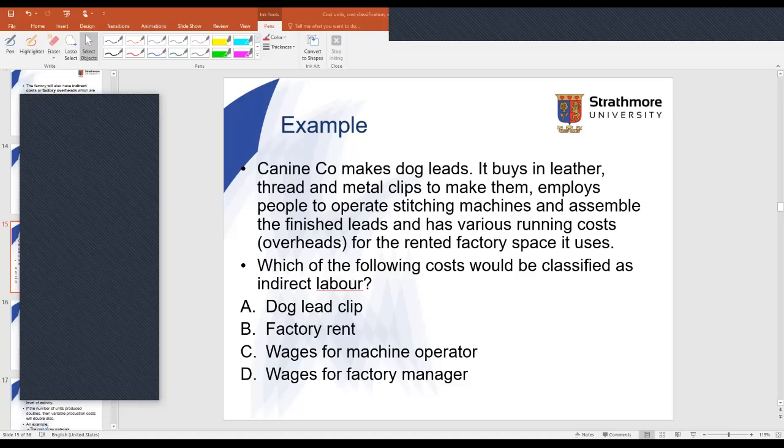Okay, let's see. Which one has an answer? Is it indirect labor? It may not be indirect labor, because the CEO is not involved anywhere in the production. How is it classified?